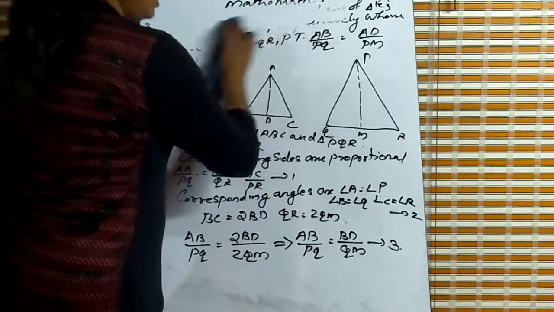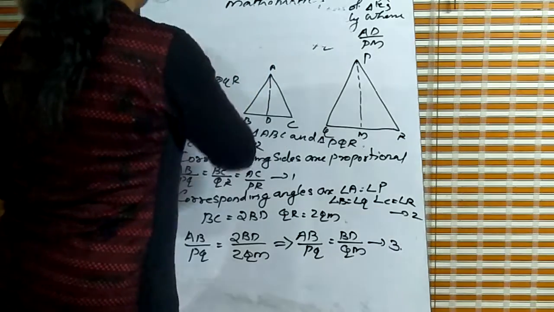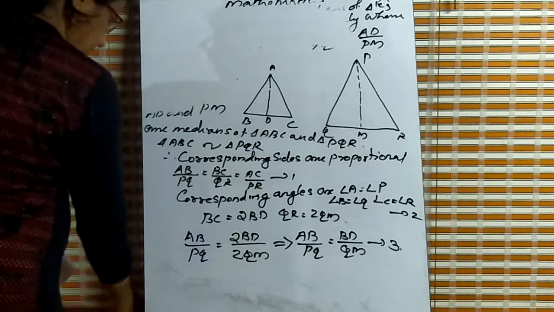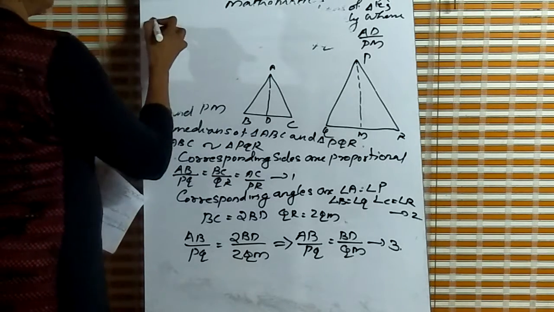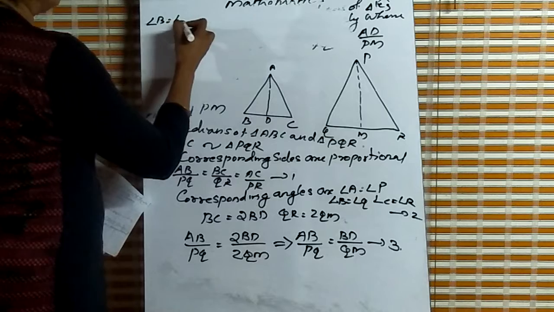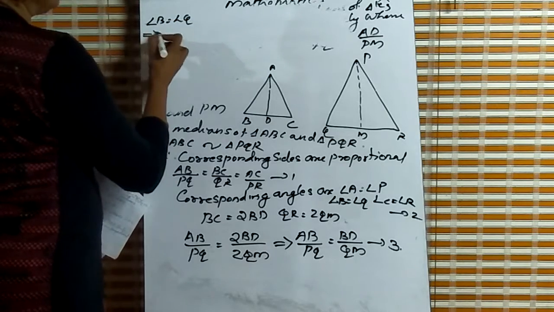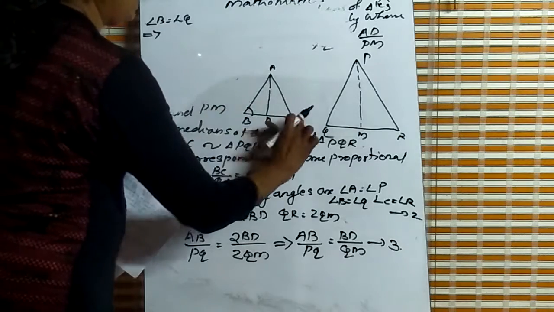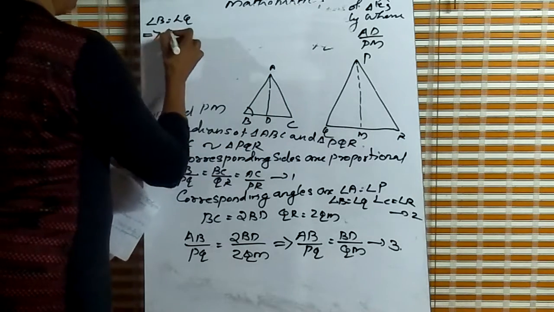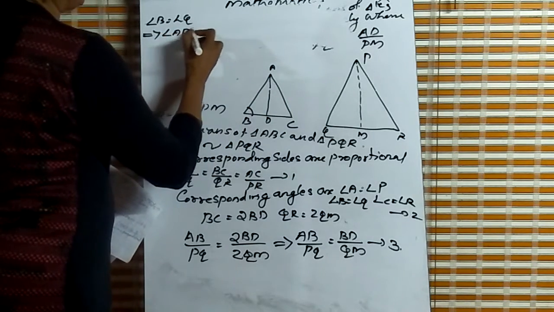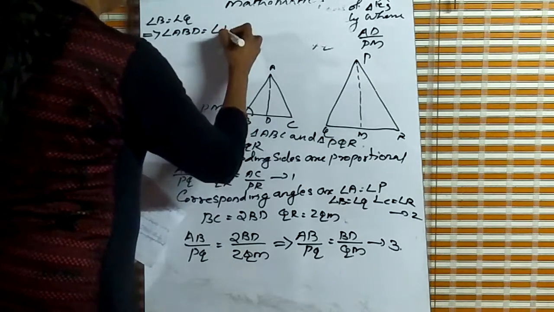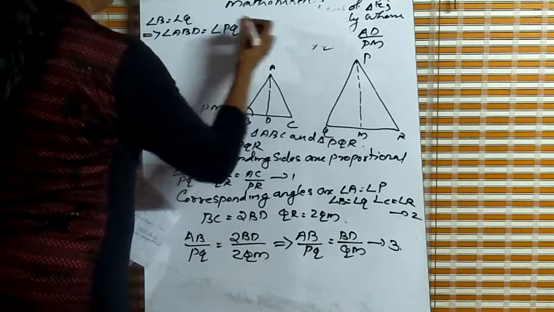And here given angle B and angle Q are equal. Angle B is equal to angle Q. Implies angle B is for both the triangles ABC and ABD. Angle ABD is equal to angle Q means angle PQM.